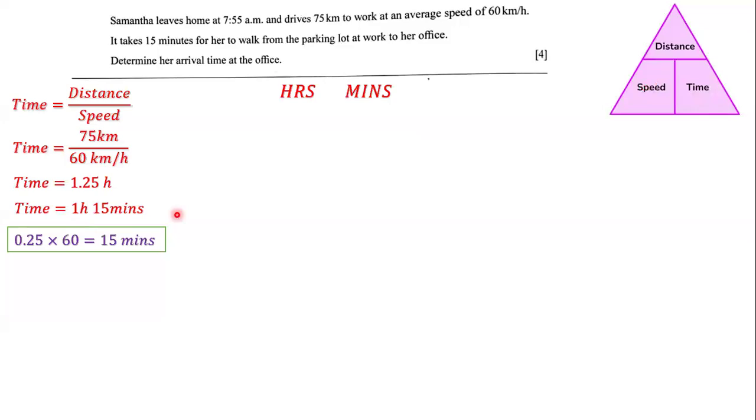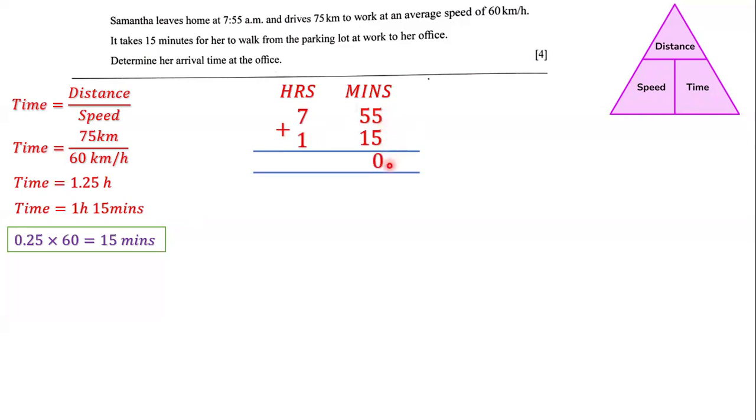Now, we're going to take 1 hour and 15 minutes and add that to 7:55. The reason we're doing that is because we want to figure out what time she arrived at work. So we add 5 and 5, and that gives us 10.